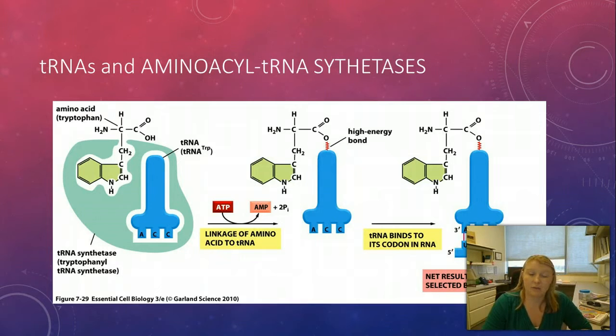The enzyme will check to make sure that the anticodon is appropriate for the amino acid that's going to add to it. Then it will create a high energy bond between the amino acid and the tRNA. Then it will release it from the enzyme complex, and it will go out and join to the rRNA sites and allow for the transfer of this amino acid to the growing primary structure of the protein.